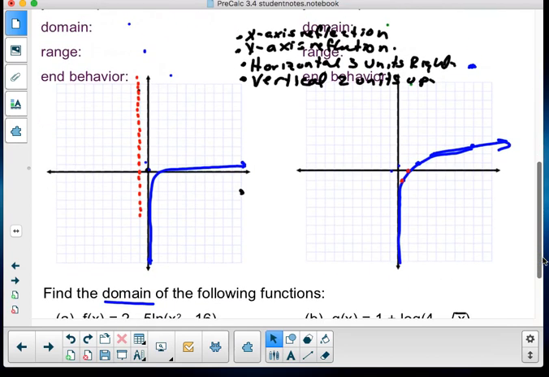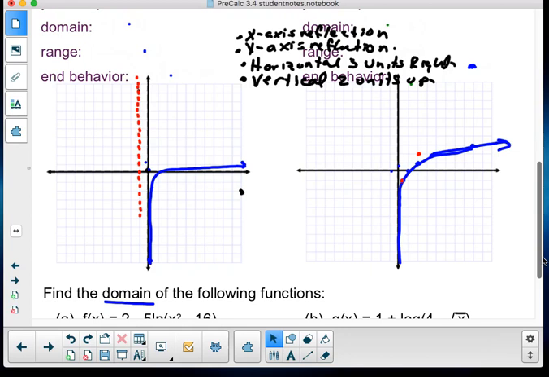My first one, y-axis reflection, no problem, it doesn't move. X-axis reflection, no problem. Y-axis has got to go 1 unit, right? Then it's going to go horizontal 3 units right, up 2. That's my first move.